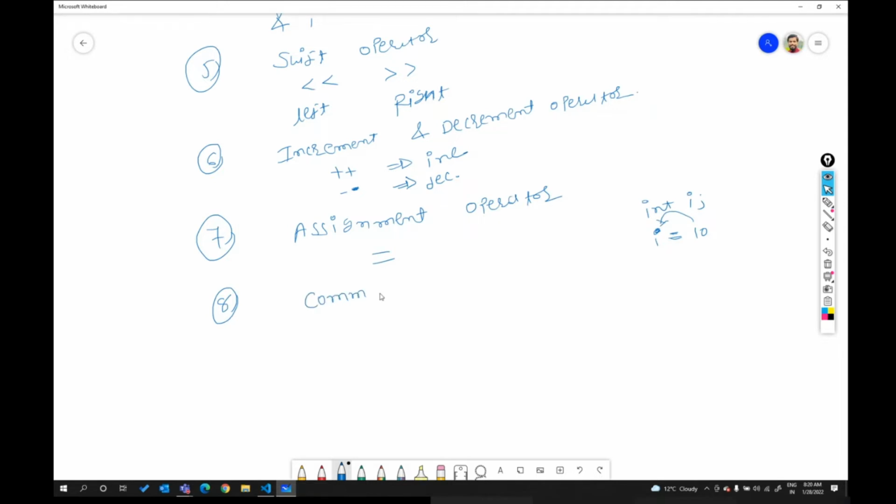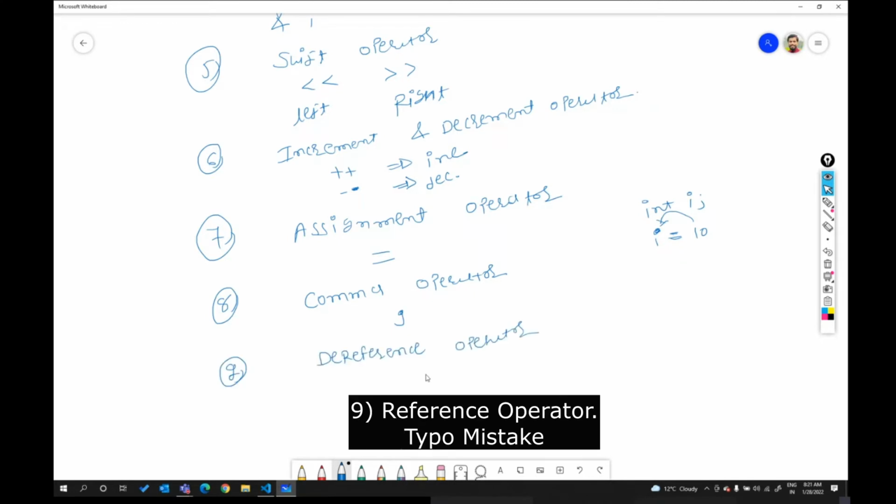Then comma operator. So this we will see. Reference operator is the address, the ampersand sign, and bitwise AND also uses the same sign. So we will see what is the difference between these two. This is useful for referencing when we want some address and we have to pass the address.